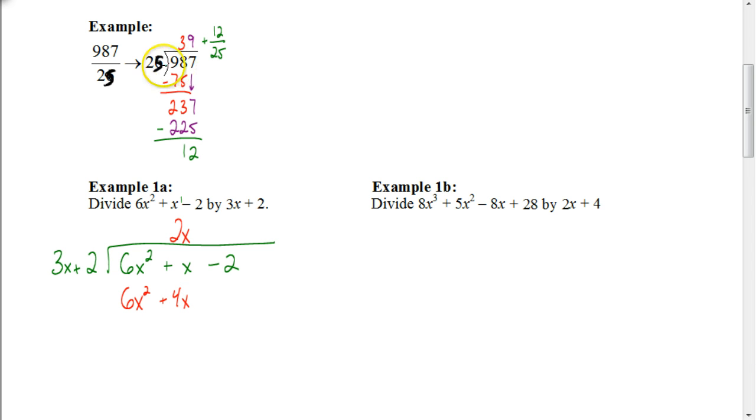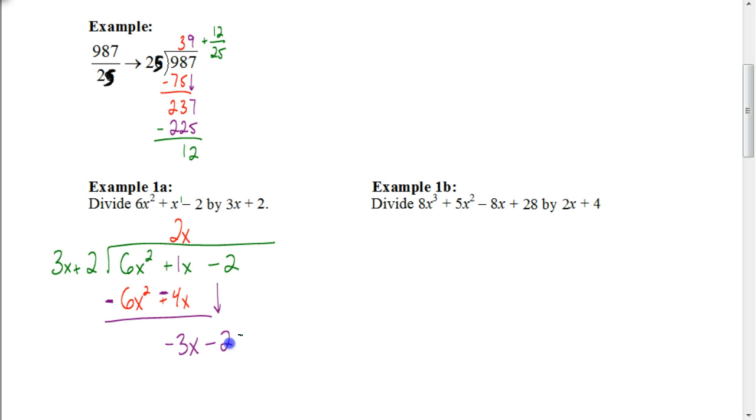Now just like in this example here, we subtracted after we multiplied 25 times 3 and got 75, we found the difference between those, so we subtracted those and got 23. We're going to do the same thing here, but you want to make sure you subtract both of these. So 6x squared minus 6x squared is 0, and 1x take away 4x is negative 3x.